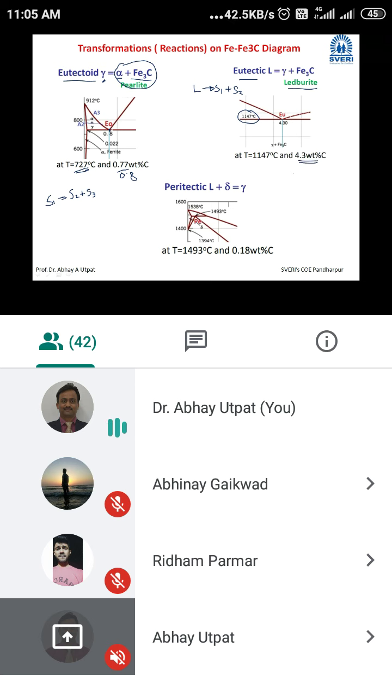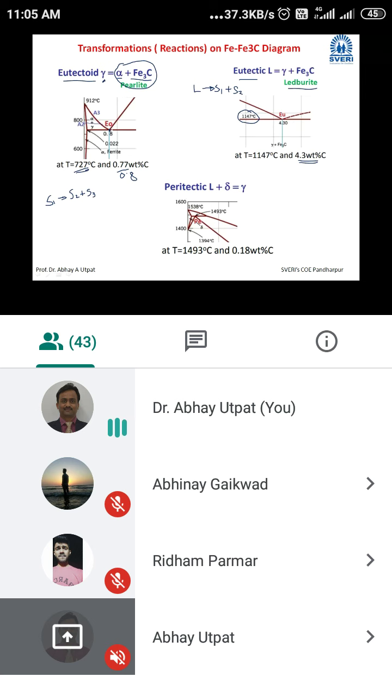at 4.3% of carbon. Now, at 4.3, is it steel? No, it is cast iron. More than 2%, the name of the alloy is cast iron.